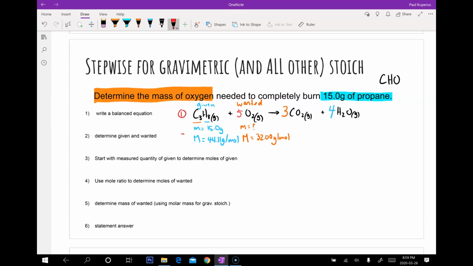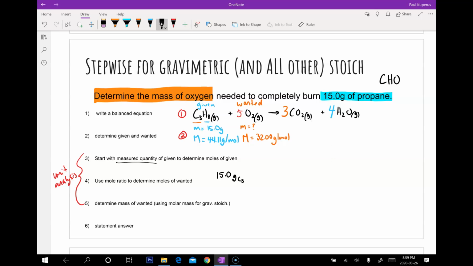Step 1, step 2. Now, steps 3, 4, and 5 are all done together in one equation using unit analysis. All right, so we're going to start by using the measured quantity of the given amount. So that's our 15.0 grams.